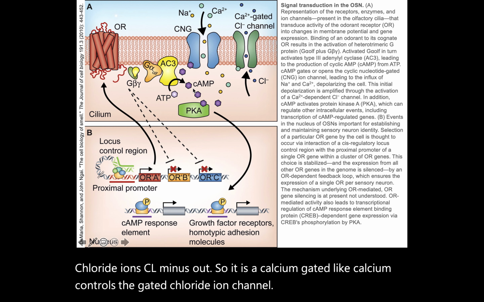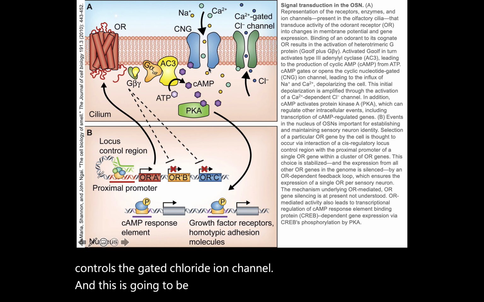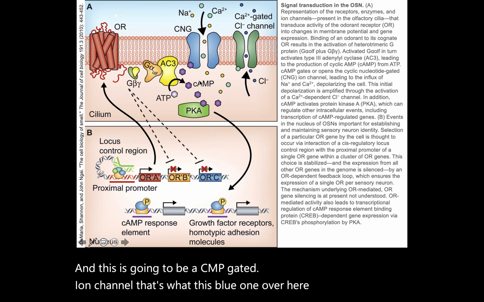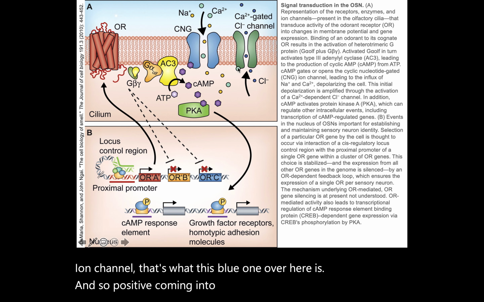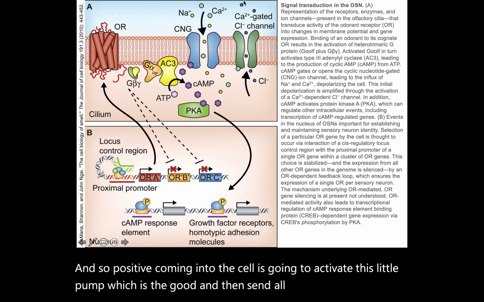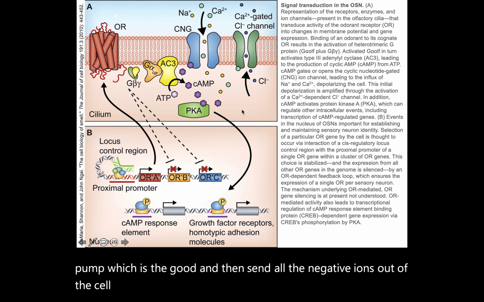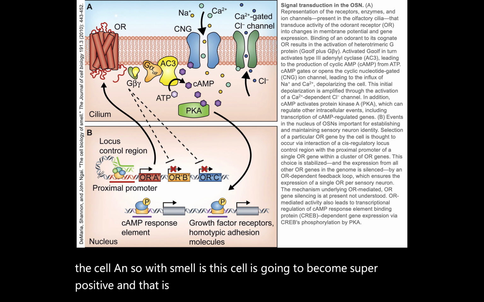And this is going to be a cAMP gated ion channel. That's what this blue one over here is. And so positive coming into the cell is going to activate this little pump, which is going to then send all the negative ions out of the cell. And so with smell, the cell is going to become super positive, and that is what is going to send the signal.